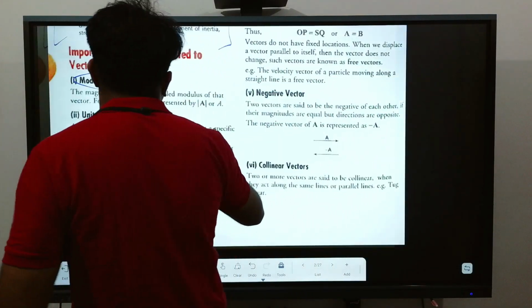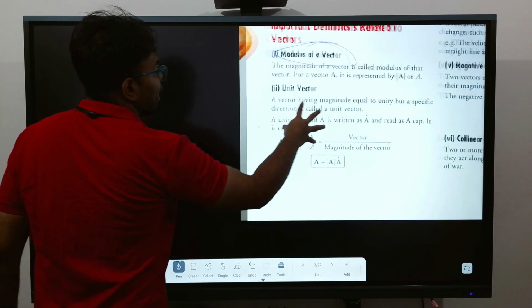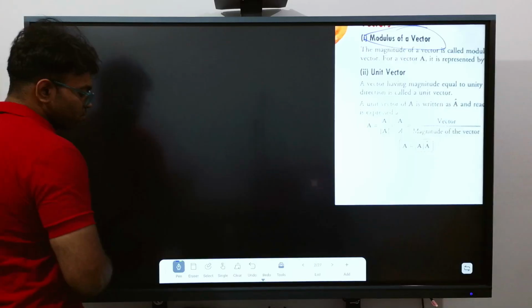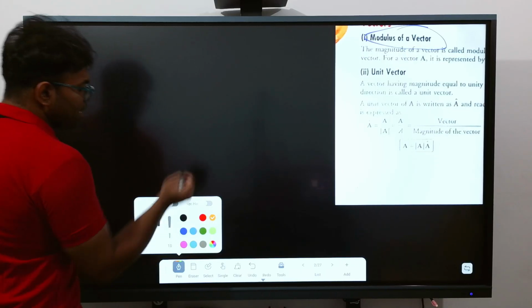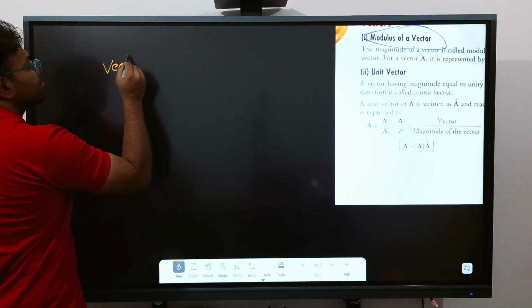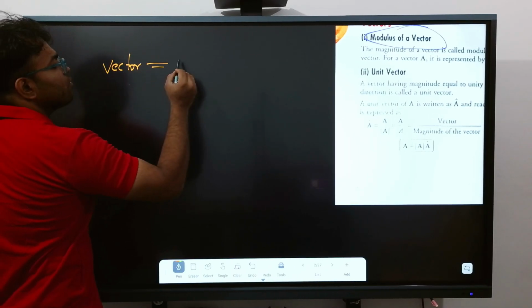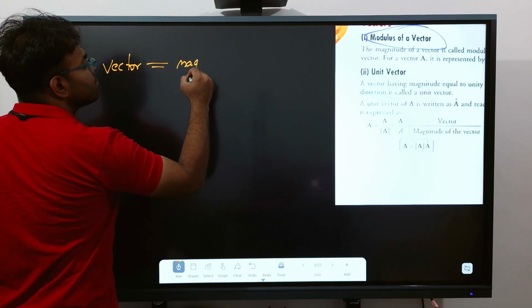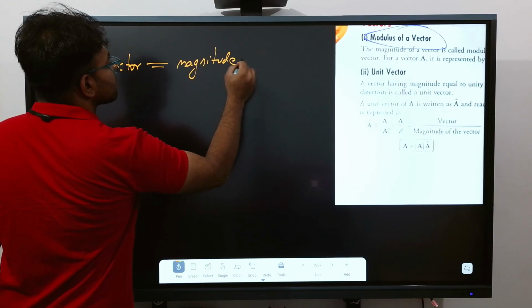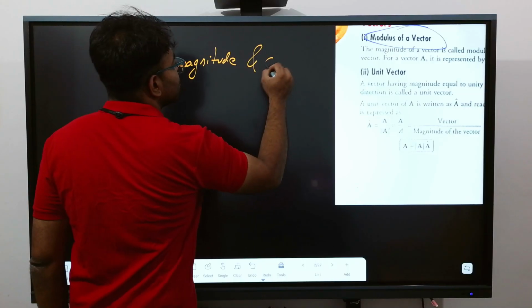Now, how do you get a unit vector? We know that a vector is a culmination of magnitude and direction.